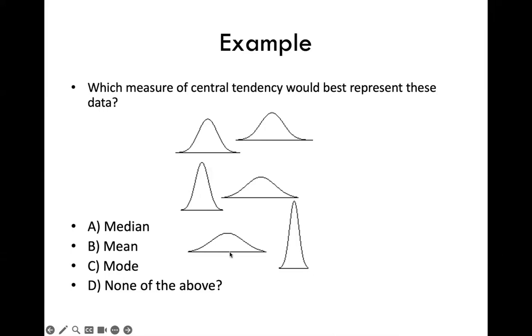So there's a lot of what we call dispersion. There's a lot of variability around the mean, but the data are still normally distributed. Here, the mean is still the best measure, but there's not as much variability, not as much dispersion. Just to be clear, the mean is still the best measure of central tendency for these data.